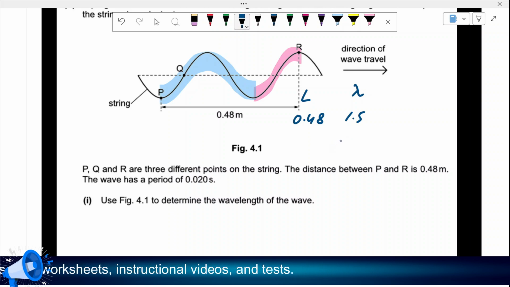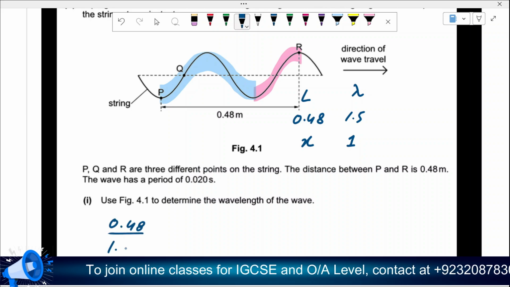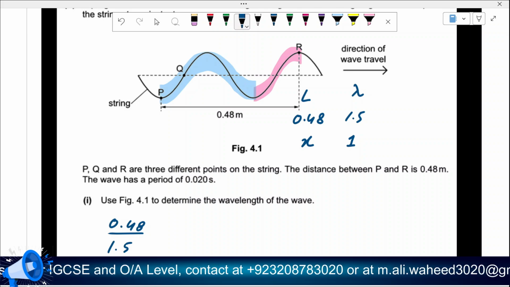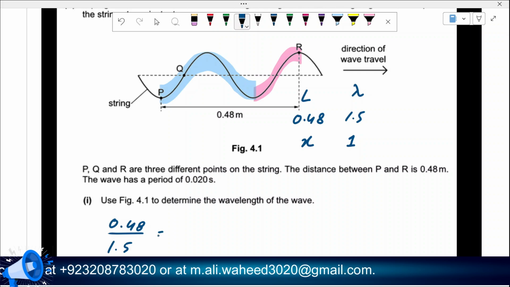Now we need to find the wavelength. So what should be the length for one wave? In 0.48 we have 1.5 waves. What should be the length of one wave? That needs to be found out.